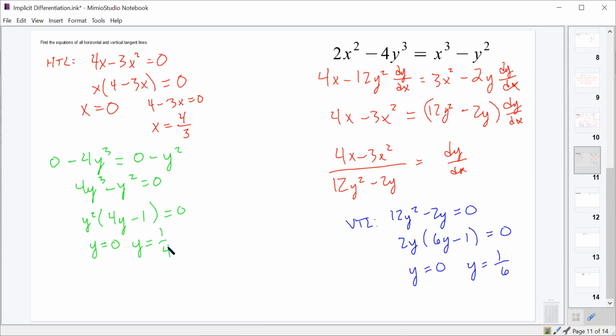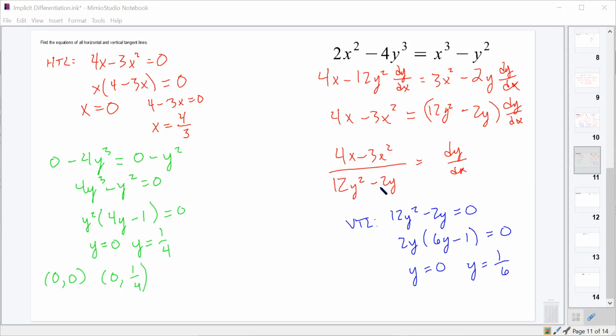So what do we notice? That one of the points that we end up with is the point 0, 0. True? Okay. So we get 0, 0, and we get 0, 1/4. Well, 0, 0 would make my derivative indeterminate, right?